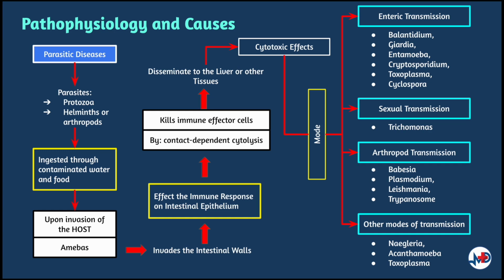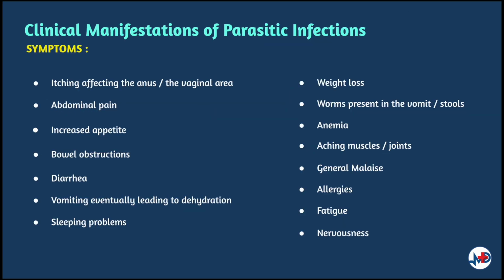Symptoms of parasites may not always be obvious. However, such symptoms may mimic anemia or a hormone deficiency. Some of the symptoms caused by several worm infestations can include itching affecting the anus or the vaginal area, abdominal pain, increased appetite, bowel obstructions, diarrhea, and vomiting eventually leading to dehydration, as well as having sleeping problems.